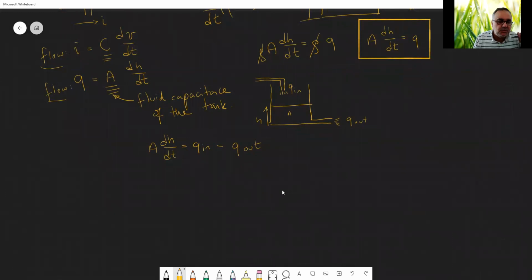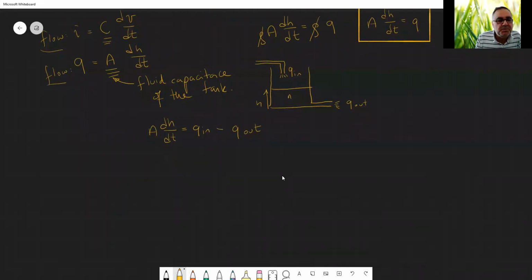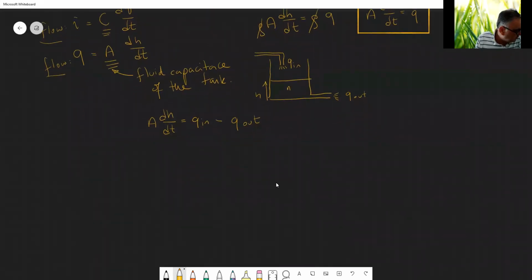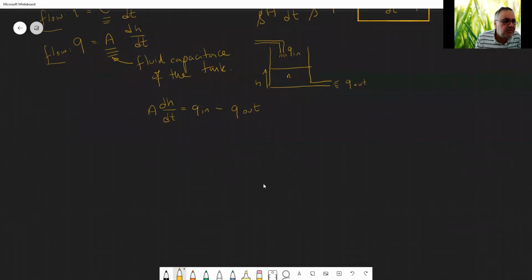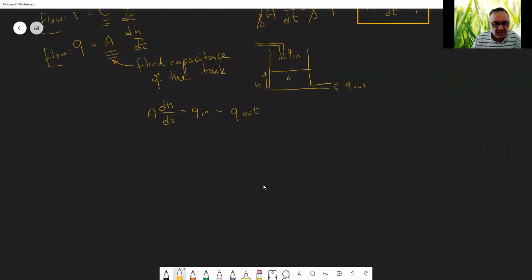Q out should be dependent on the system variables. And in order to do that, we have to define something which I will call the fluid resistance. We have defined the fluid capacitance, as you remember, which is the area of the tank.